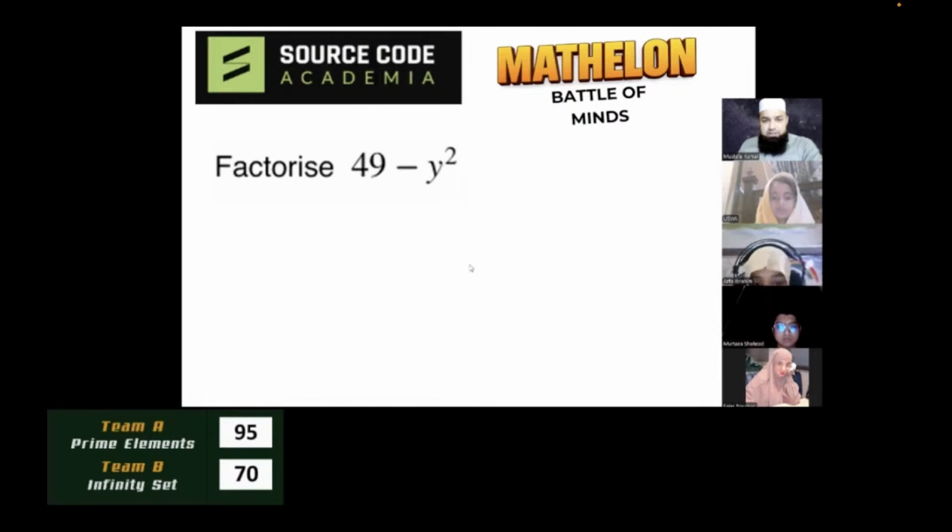Next on your screen: factorize 49 minus y squared. Team Murtaza Shehzad: 7 minus y into 7 plus y. Yes, it's a squared minus b squared.